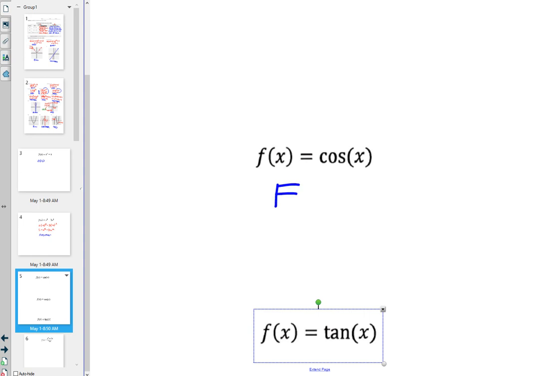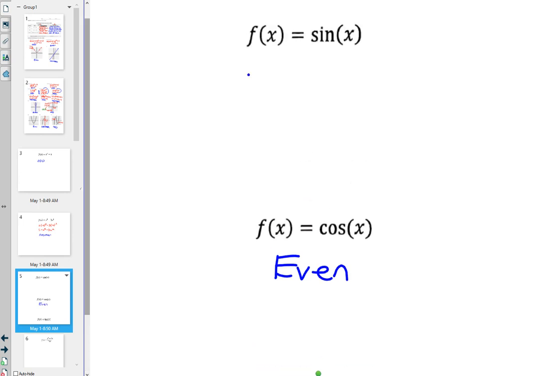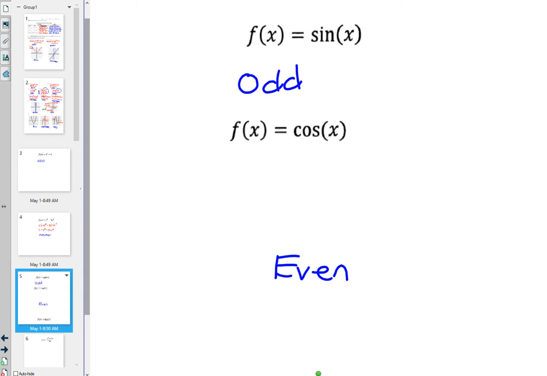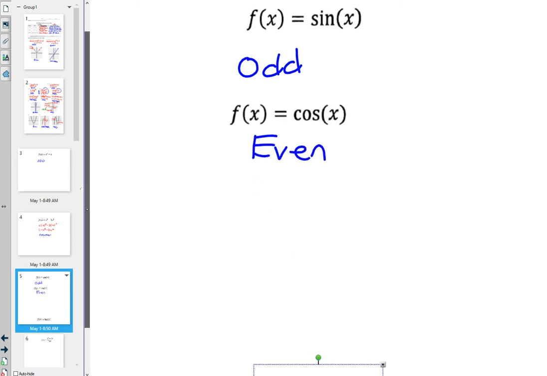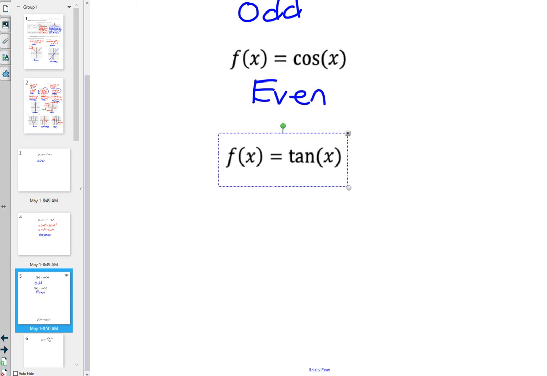Out of all of these, cosine is even. The other two are odd. Odd, even, odd. Just in case.